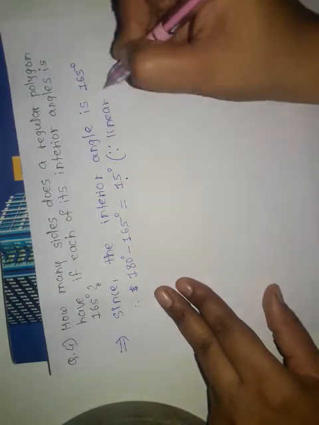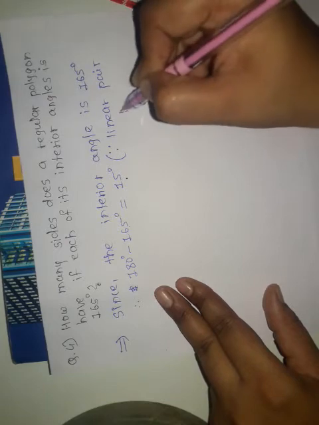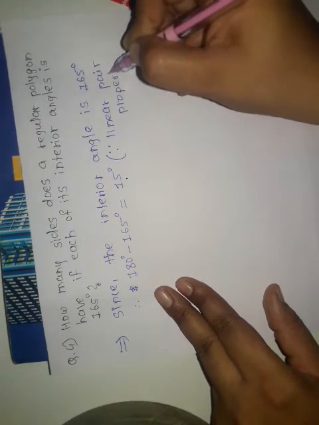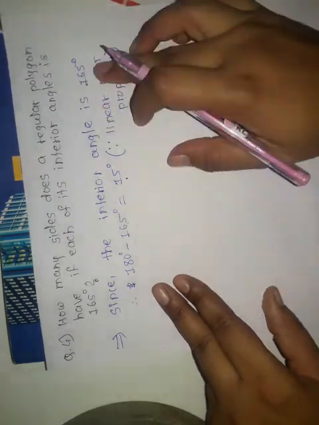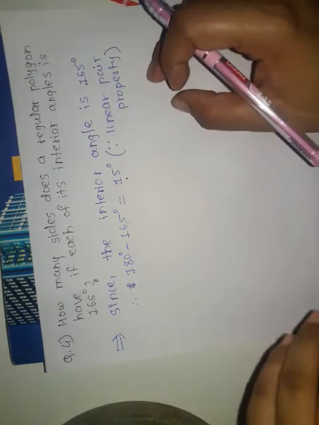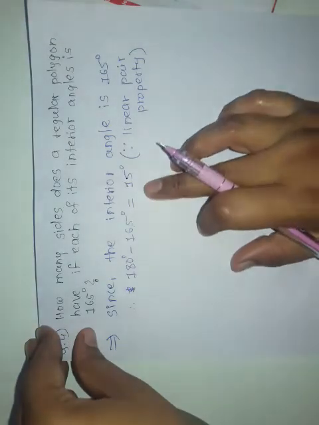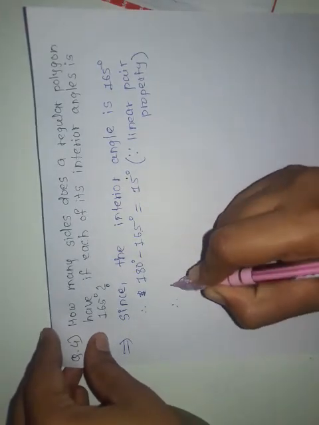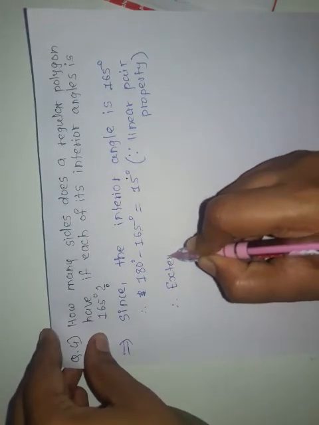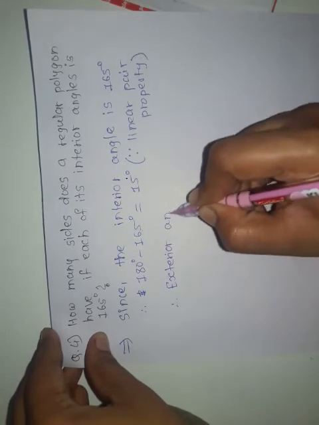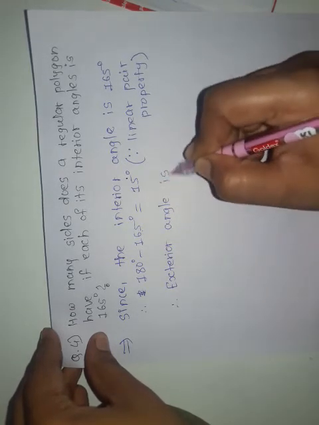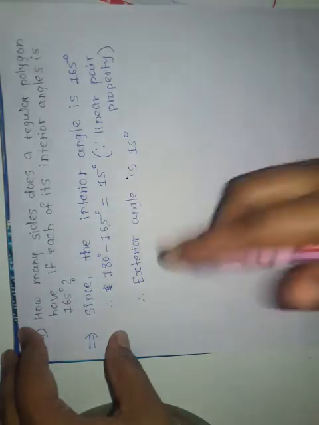By using the linear pair property, the interior angle and exterior angle are in a linear pair, meaning their sum is 180 degrees, and therefore we get 15 degrees. So write down, therefore the exterior angle is 15 degrees.